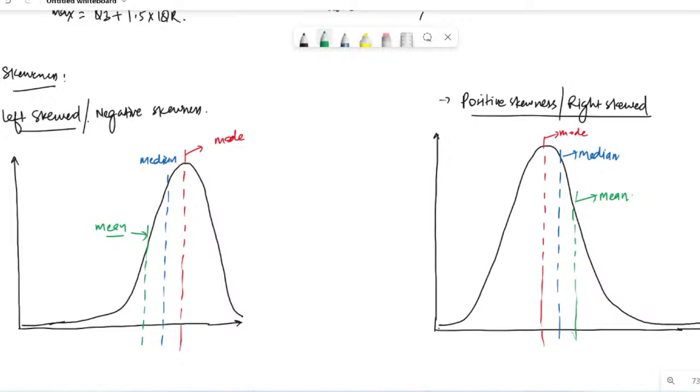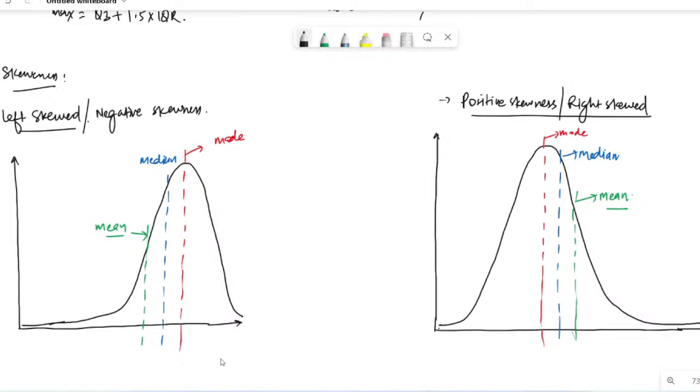This is how the values are arranged here. In positive skewness, your mean will be greater than median and median is greater than mode. Similarly, for negative skewness you will see the opposite: mode is greater than median and median is greater than mean. So those are the two different parts, negative skewness and positive skewness, and this is how they are represented.